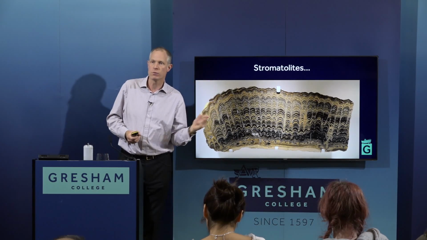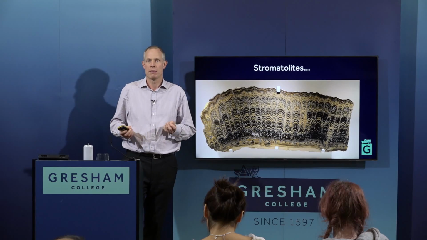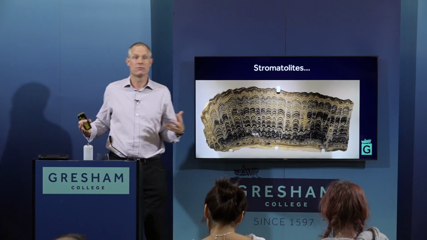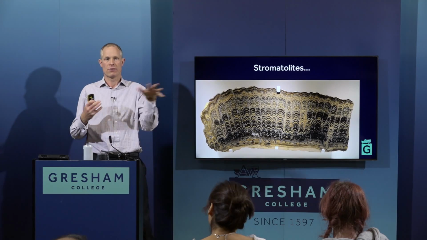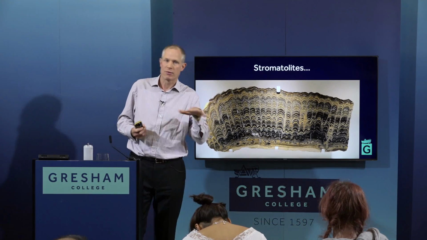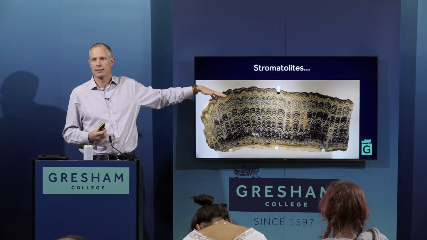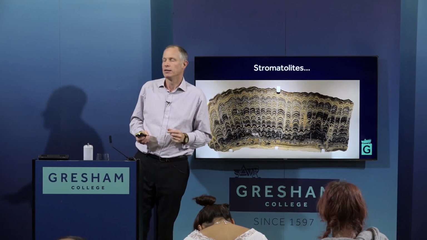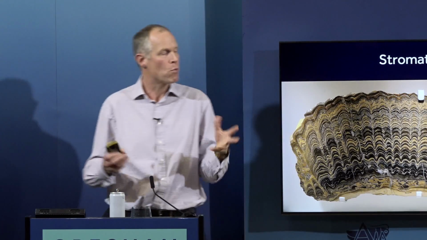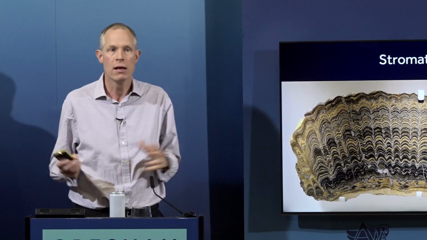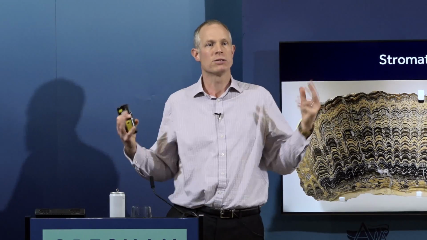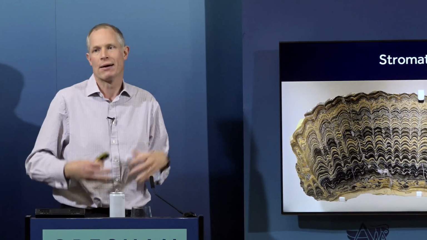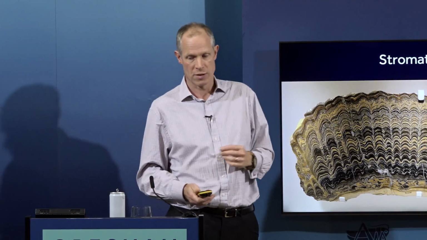Today we see very few of them, and one of the reasons we think that may be is that later on during evolutionary time, animals evolved that grazed these photosynthetic organisms, and so they removed the layer before the stromatolite could get started, which is why today we only see stromatolites in certain geographical locations. But about 1.25 billion years ago, these were incredibly abundant over most of the world. And in fact, today, fossil stromatolites tell us a lot about the microbial history of the Earth.